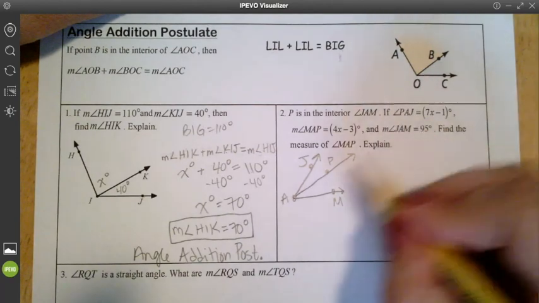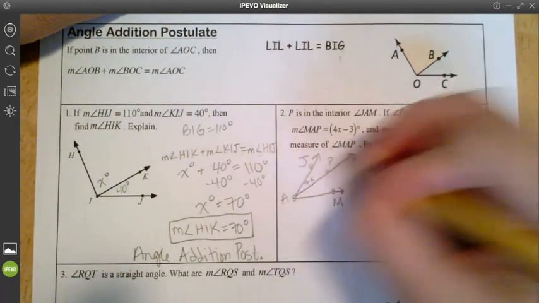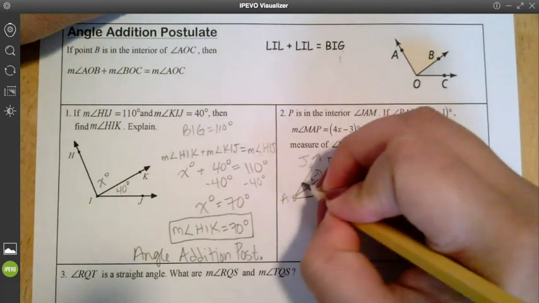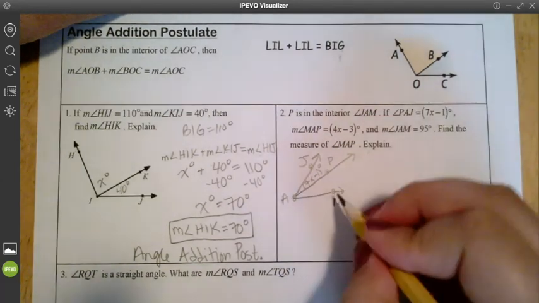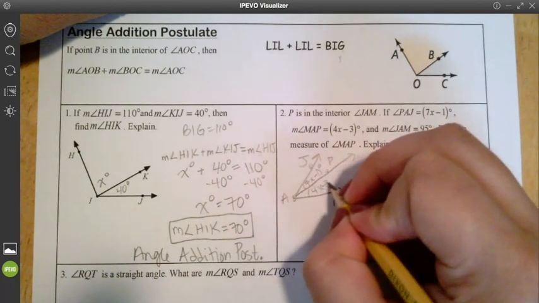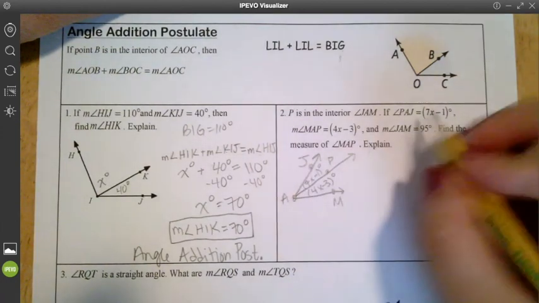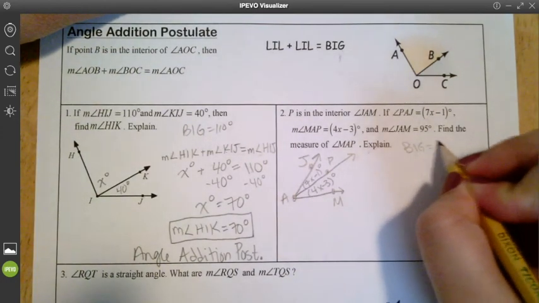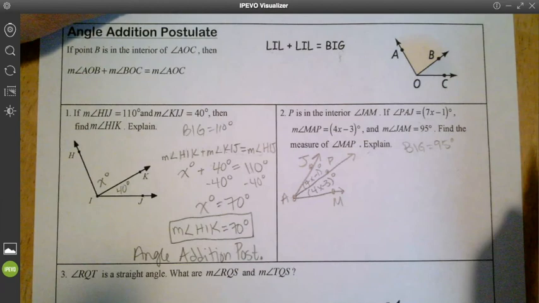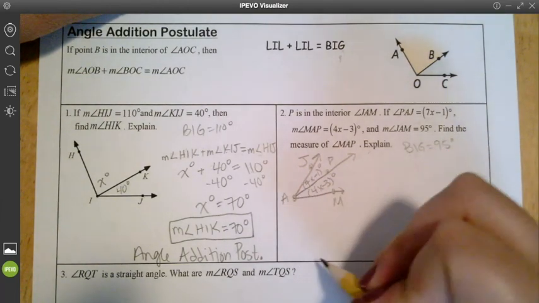So we have angle PAJ is 7x minus 1 degrees. MAP is 4x minus 3 degrees. And we know that JAM, which is our big angle, is 95 degrees. So we want to find the measurement of angle MAP.